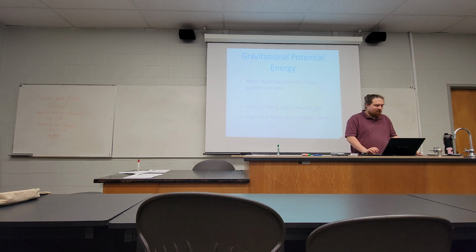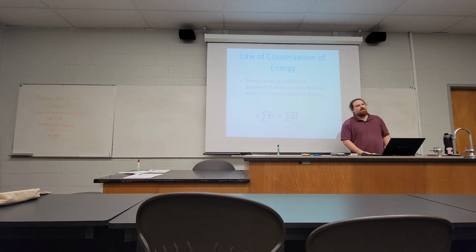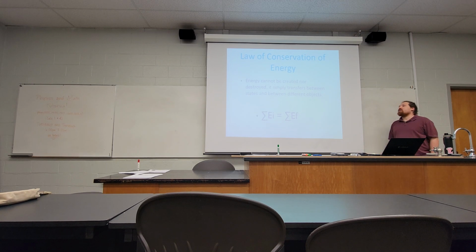That is two distinct forms of energy. And so now we need to talk about how one gets turned into the other. Law of conservation of energy is one of the physics principles that makes it into common parlance often enough. Energy cannot be created nor destroyed. It simply transfers between states and between different objects.